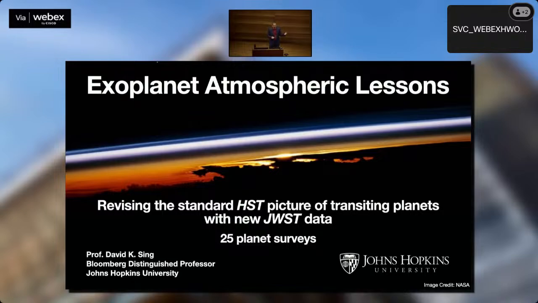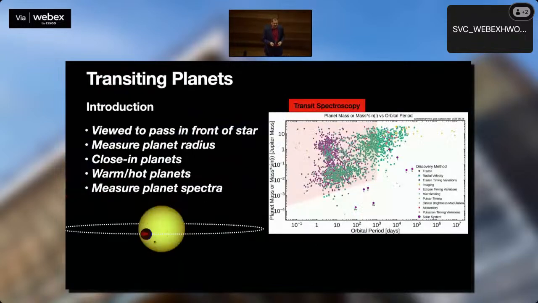So what are the lessons learned we can take from this exercise? And when we have 25 spectra from nature, what can we learn going forward? And how does our view change when we have new powerful facilities come online? So let's get into it.